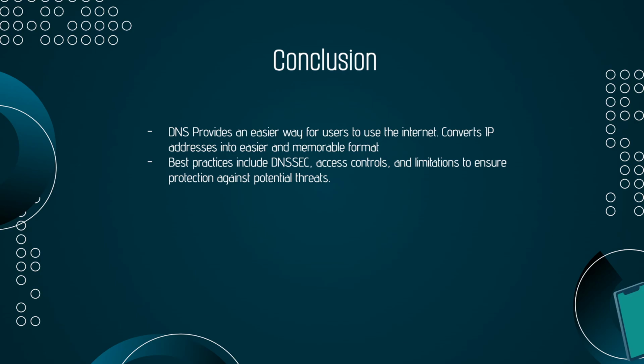As for DNS, securing it requires the use of DNSSEC, restricting access to trusted users, disabling recursion when unnecessary, and monitoring server activity for anomalies. Using these practices, organizations can maintain a secure and reliable network infrastructure and protect against potential cyber threats.